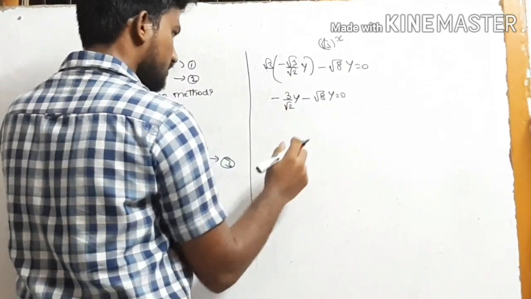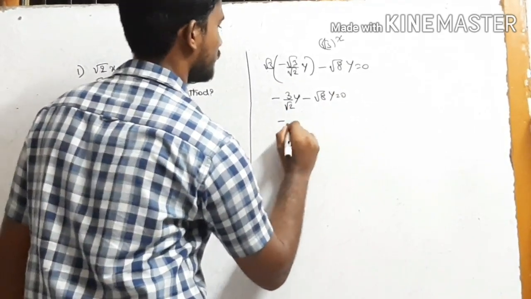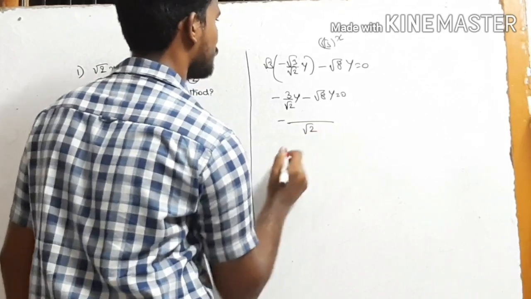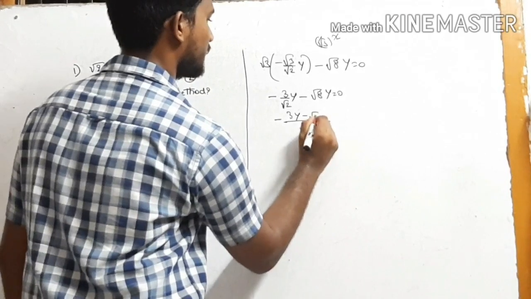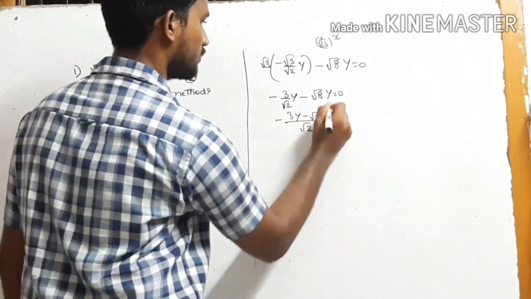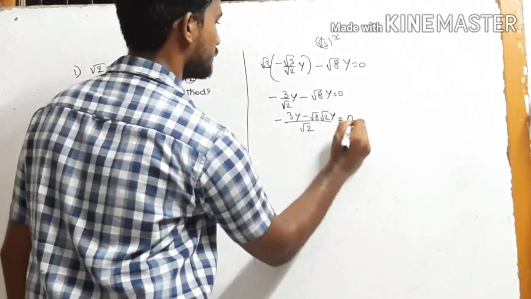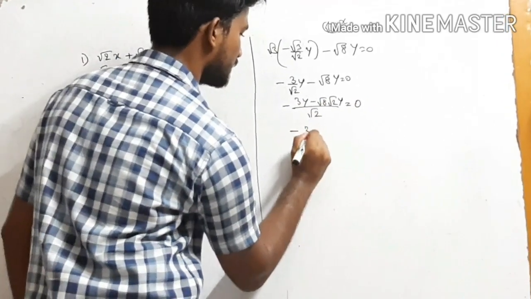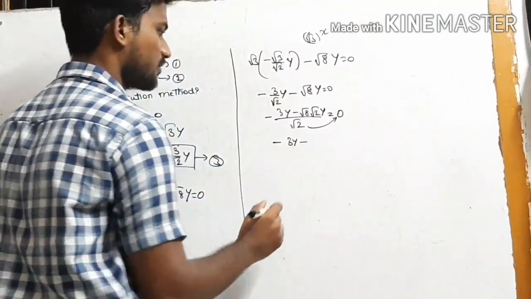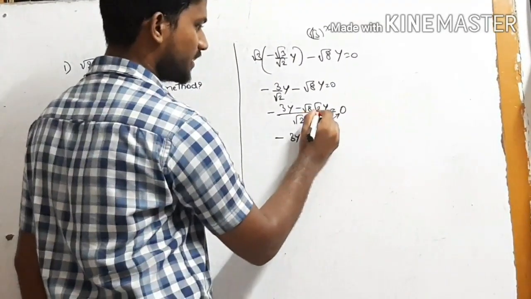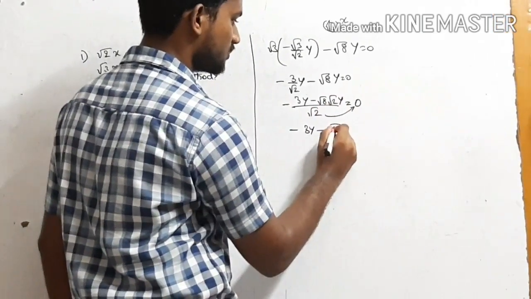Then by taking LCM, minus root 2, it is 3y minus root 8 into root 2 y equals 0. This becomes minus 3y root 2 on this side, root 2 into 0 is 0, minus 3y minus root 8 into root 2, that is root 16.